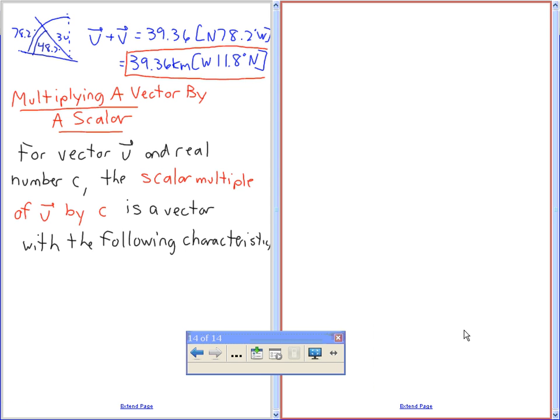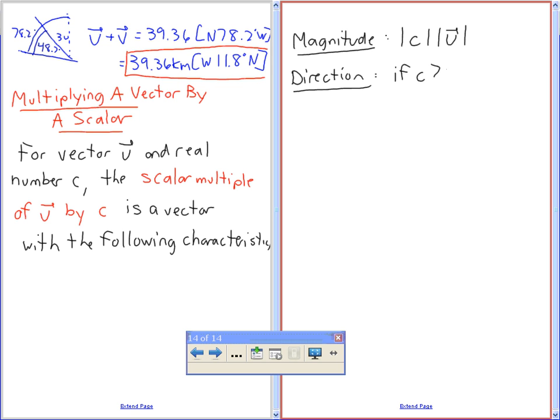Here's the difference. The magnitude is going to be whatever the magnitude of u is times c. The direction: if c is greater than 0, the direction is equal to u.